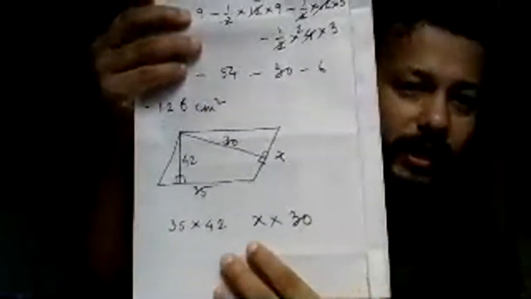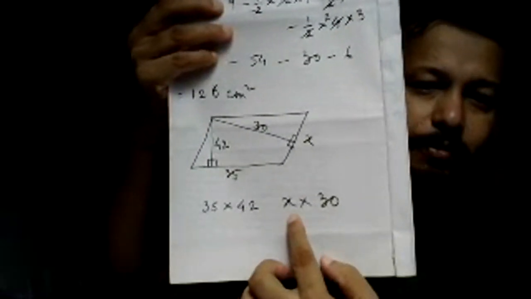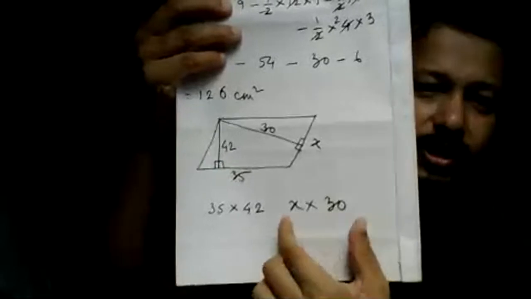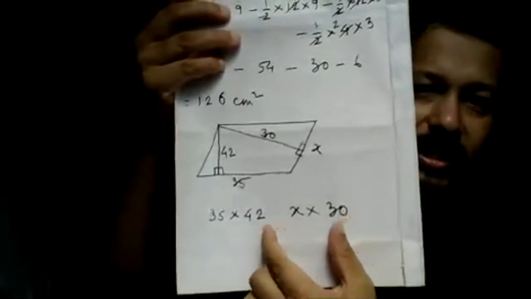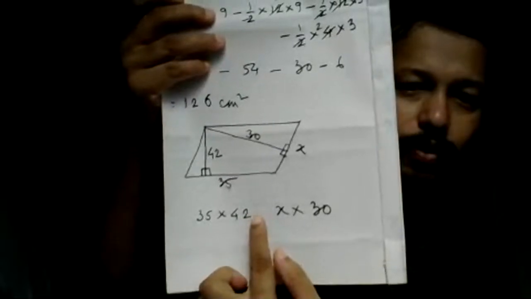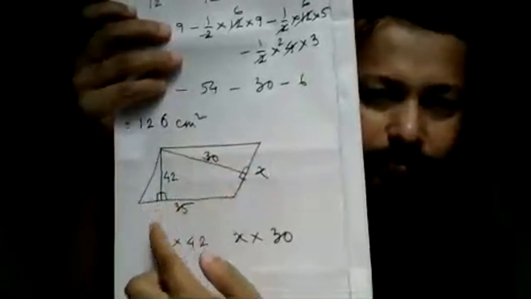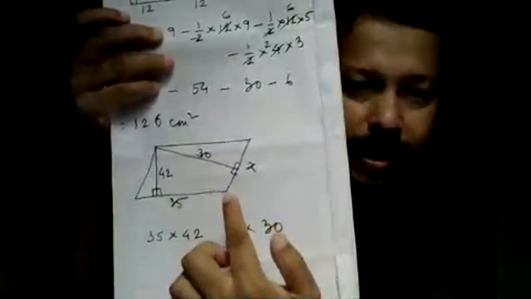So here we have done base into height, and again base into height. This is area, this is also area, and both areas will be equal, because this is the same parallelogram.